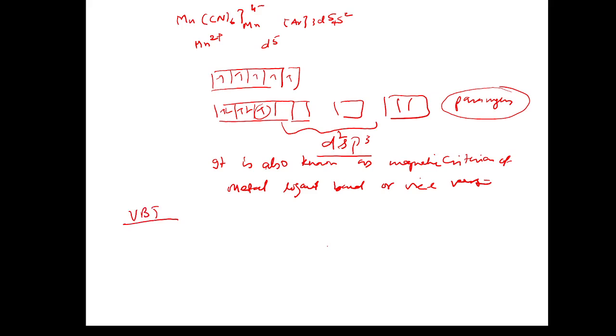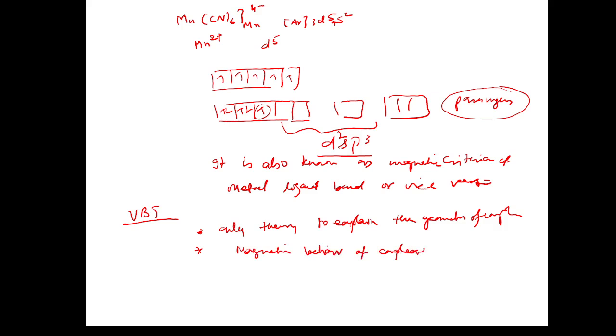So the first advantage is that it is the only theory to explain the geometry of complexes. Second is the magnetic behavior of complexes, not in detail but to a certain extent.